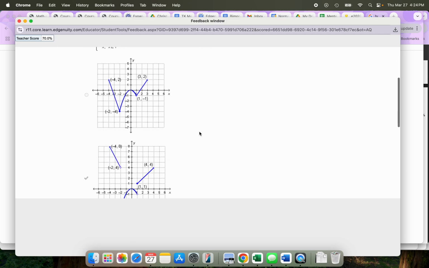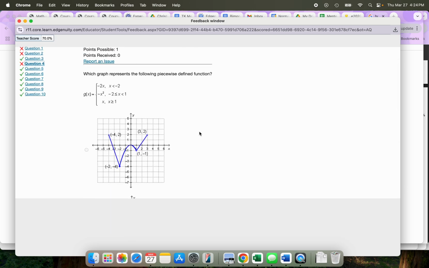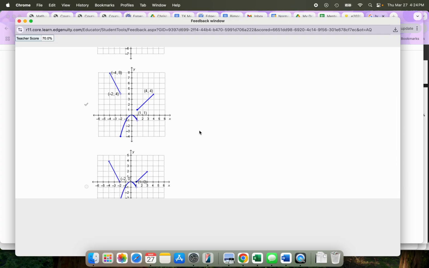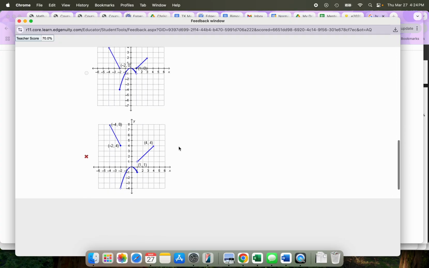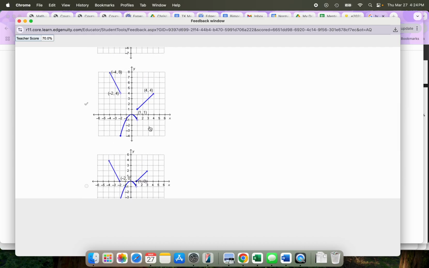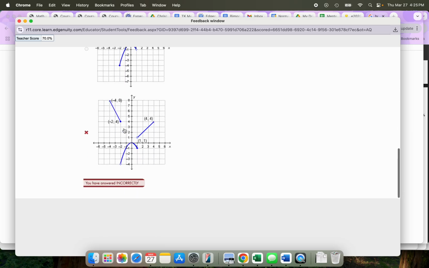Okay, so again, choosing which graph represents the piecewise defined function, and let's see which one you chose. This one, and it's this one. So the difference between these two is where we have this closed circle or open circle.